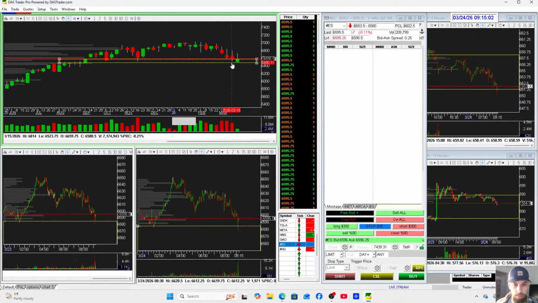Level of support, let's see, support 6,490, area of resistance 6,585.